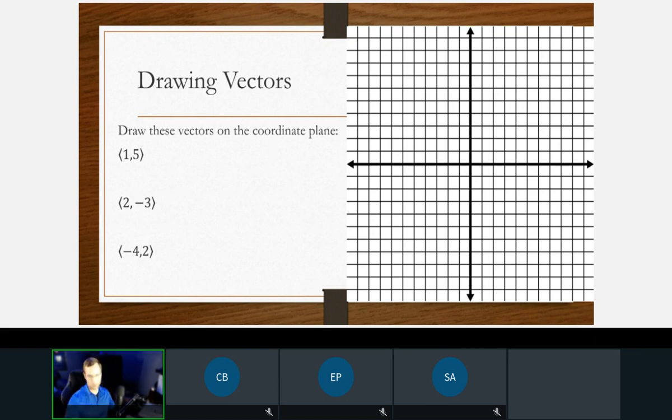All right, over 1, up 5. 1, 2, 3, 4, 5. So that puts us there. And then we draw a line with an arrow.